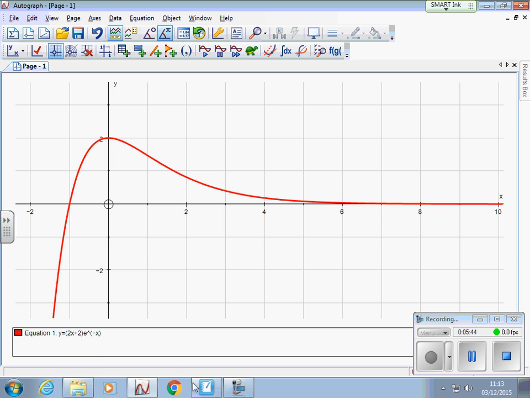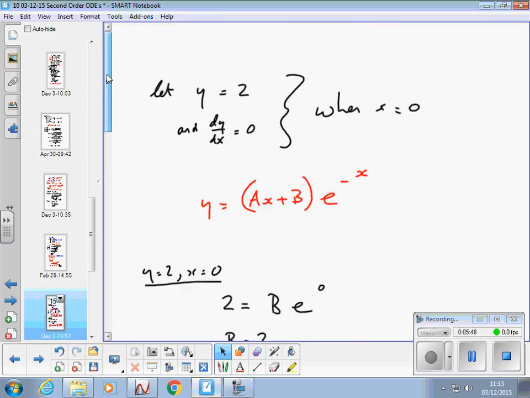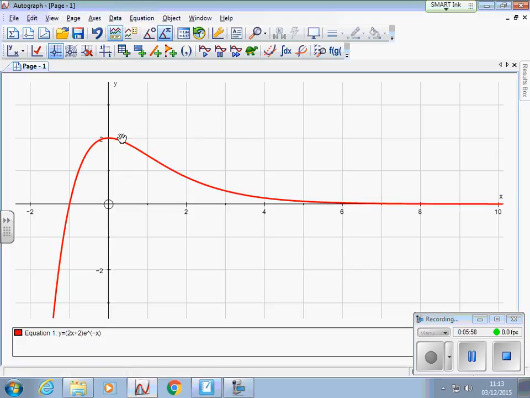But here it is. And if we looked at our particular example, we set some boundary conditions, that when x equals 0, y equals 2, and the differential was 0. So the gradient should be 0, which it is, and it's cutting at 2. And this is actually a situation, if we try and apply it to our model that we looked at the beginning of today, this is a perfect damping situation.